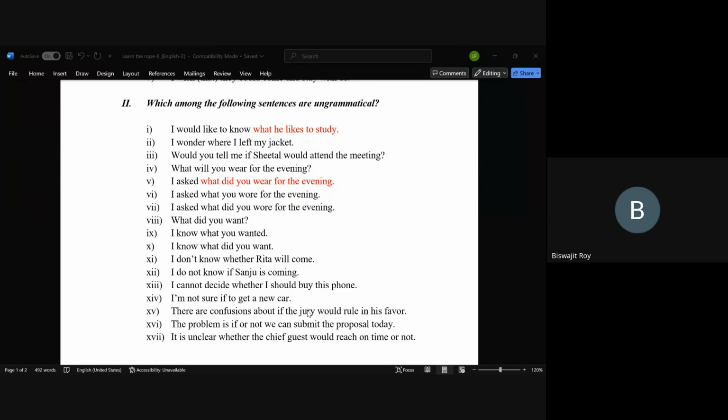I cannot decide is an independent clause. This would be right, yes, you're right. The answer is right. But why is it right?